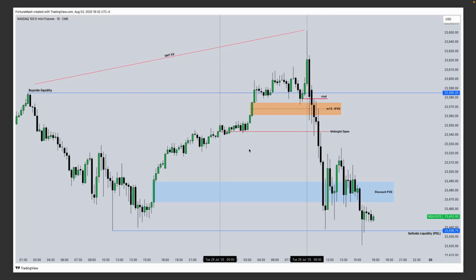So ES didn't take out the high yet. It was just around here, and NQ had already taken out the buy side liquidity.